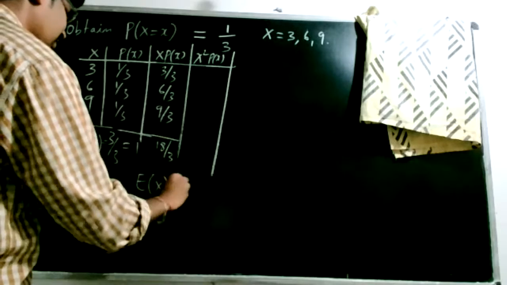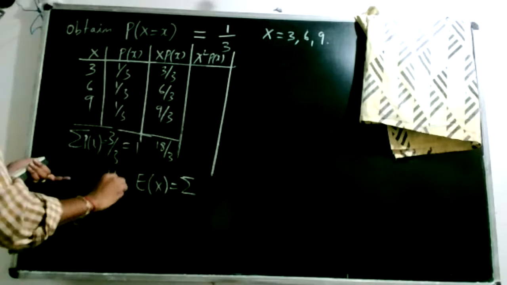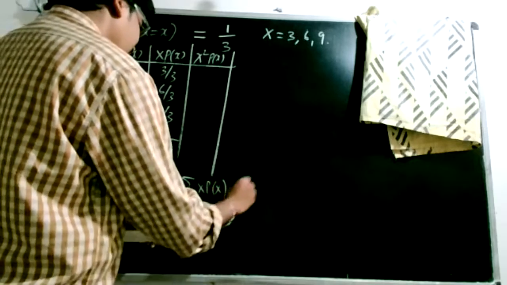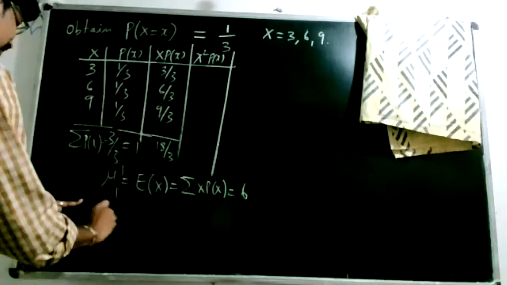So Ex is the first moment, sigma x px, that is 18 by 3 or 6.